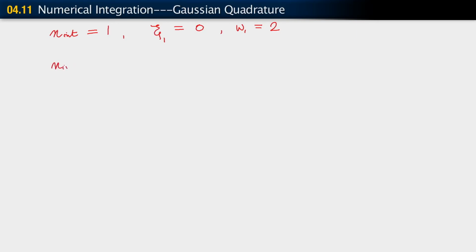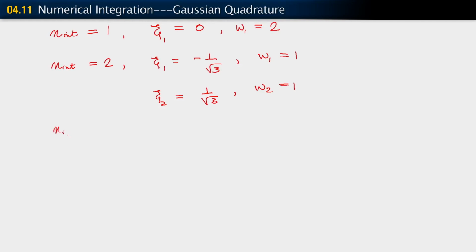For n int equals 2, we have xi 1 equals minus 1 over root 3, w1 equals 1, xi 2 equals 1 over root 3, w2 equals 1.